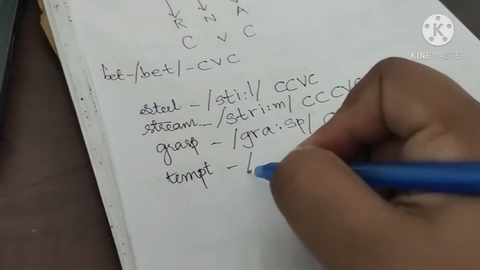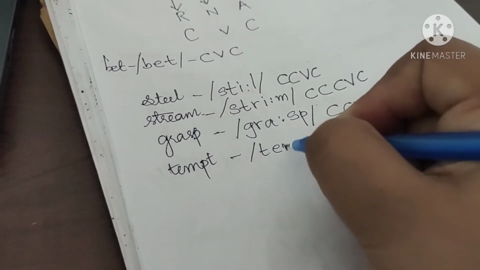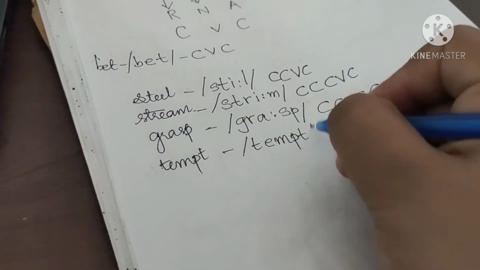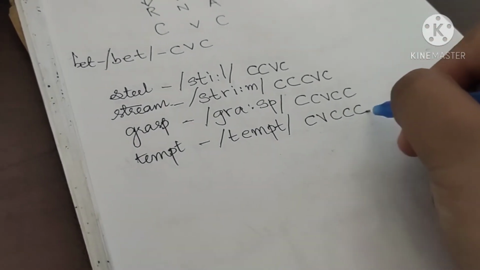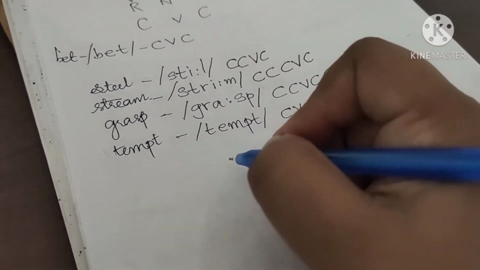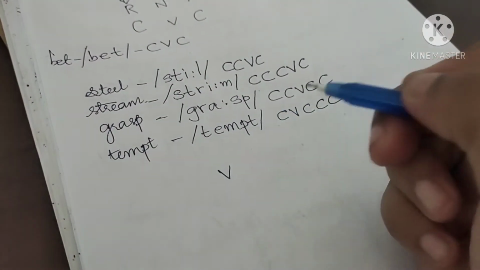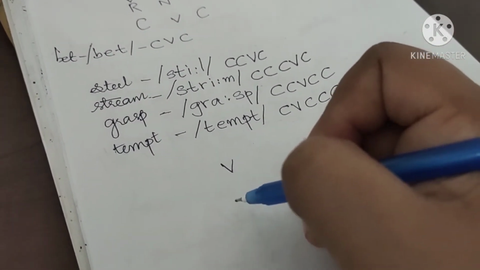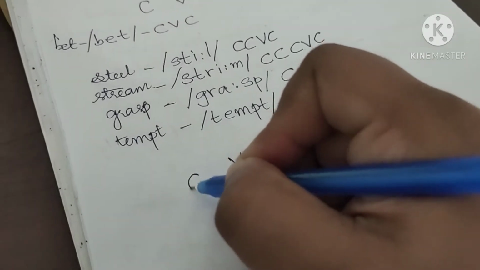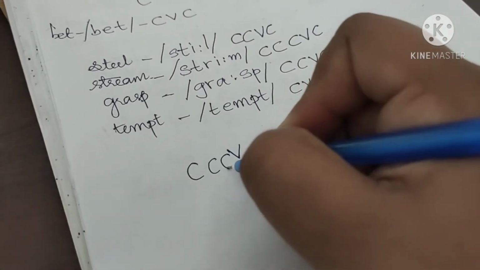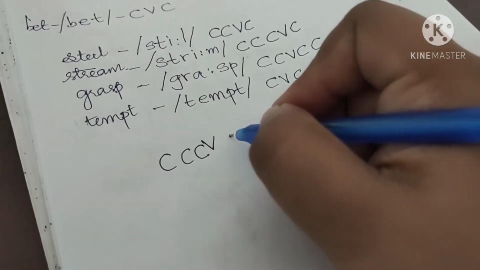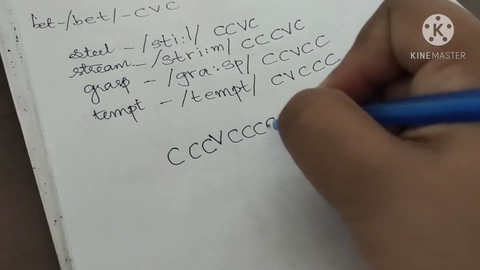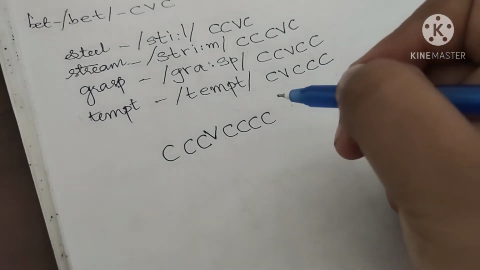Now tempt, /t e m p t/: C, V, C, C, C. So we should understand that the vowel is the nucleus. We can have up to 3 releasing consonants and a maximum of 4 arresting consonants.